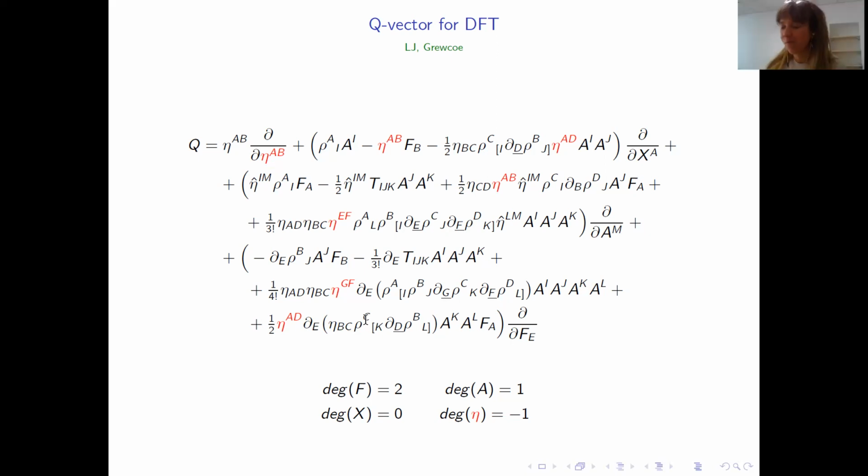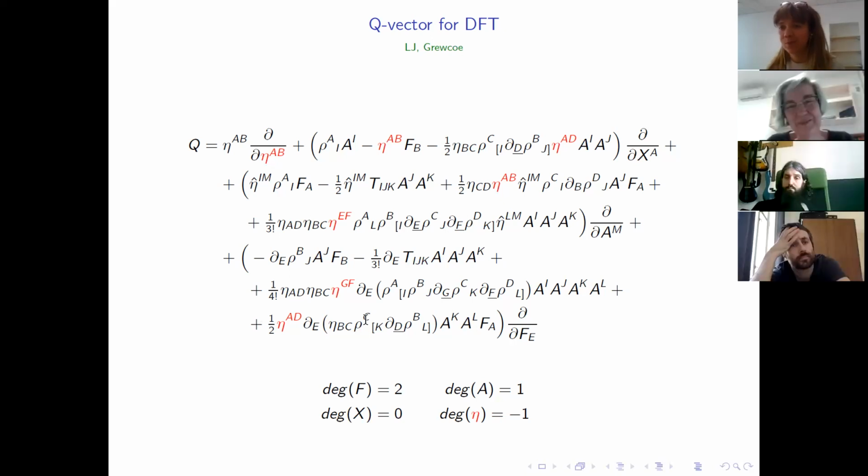Okay, thank you. How do Ramond fields fit into this picture? And do they fit in? Double field theory people know how to do this. I don't. I never even tried. But yes, you can do it, up to a certain extent.